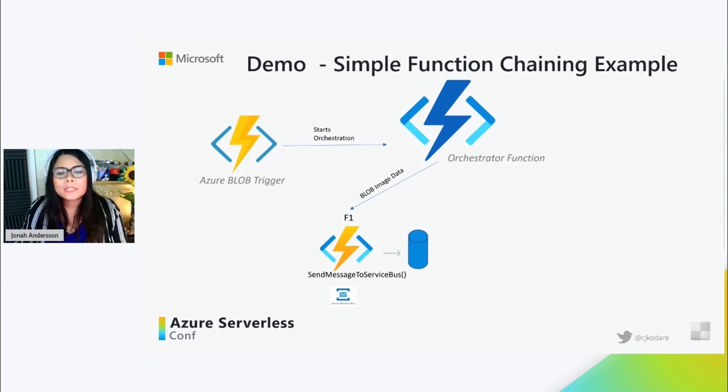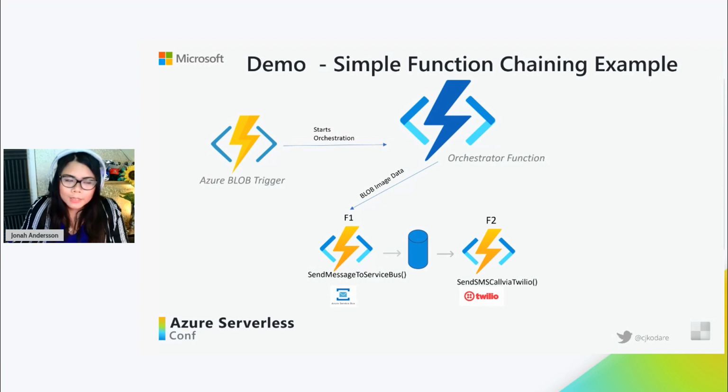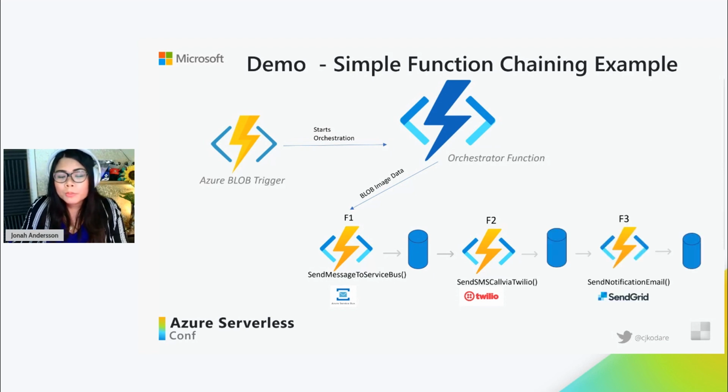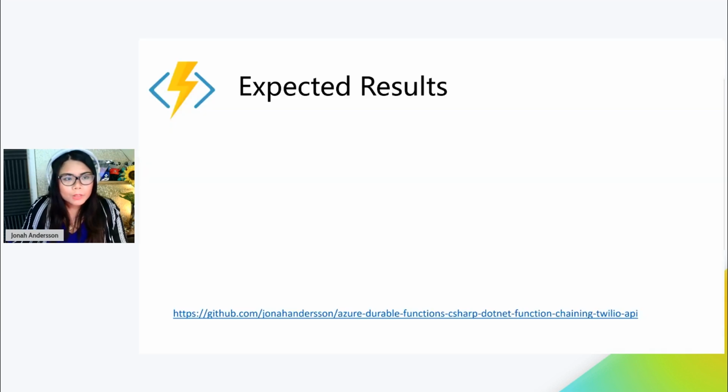Once it's done, it's going to send an SMS and call to me, as the administrator of that Azure storage, with the help of the Twilio API integration. And when I'm done with sending SMS and call, I will also send an email notification that an image blob was sent, with the link to the image that can be accessed in the browser. And that uses SendGrid.